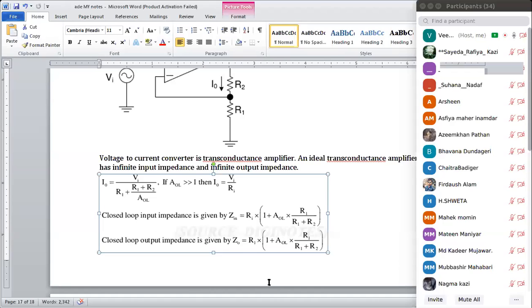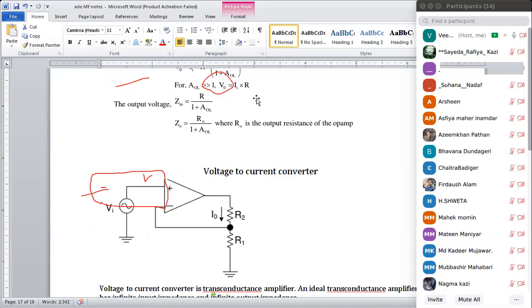The same for Zo. This is how we are calculating the voltage to current conversion. So what is the current that we are getting from this input voltage?